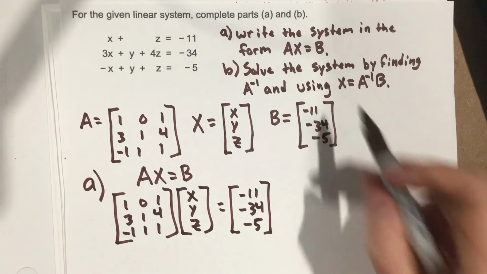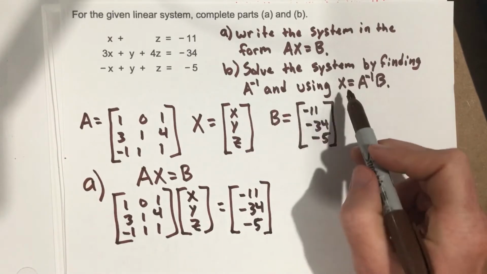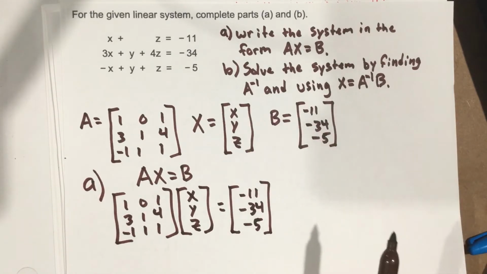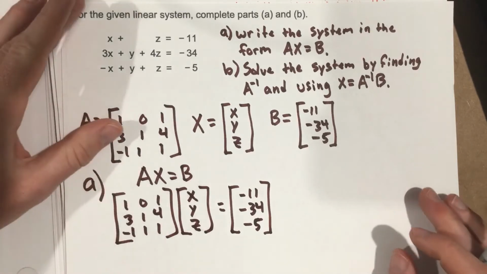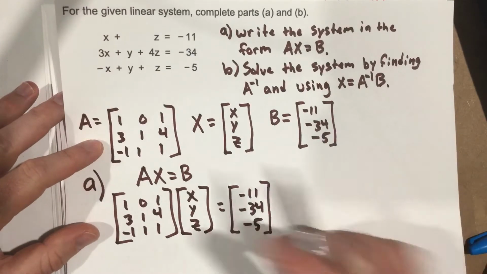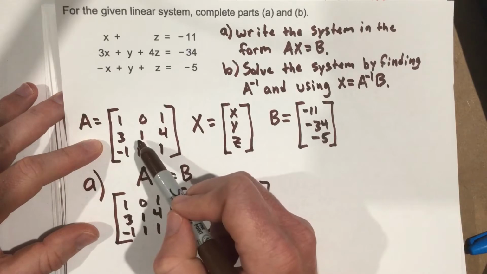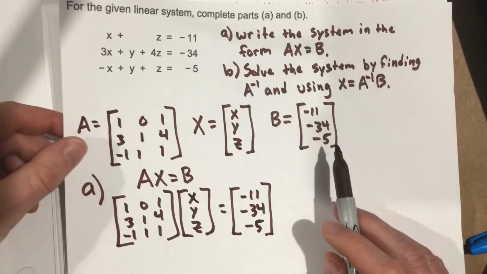Part B, they want us to find A inverse and then use X equal A inverse B. So for part B, we're going to need some room here. So I'm going to rewrite this A matrix on another blank sheet.